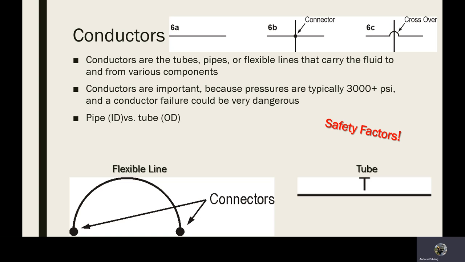Conductors are important because the pressures are typically 3,000 PSI or plus, so 3,000 pounds is many atmospheres, many bar, over 200. You'll notice in the notes package that there is a conversion factor there for all of the PSI measurements and bar measurements.